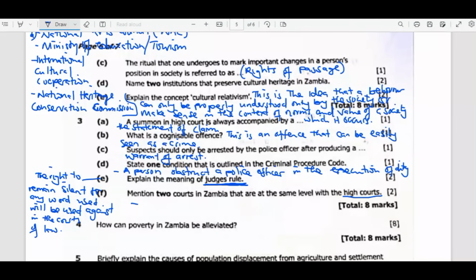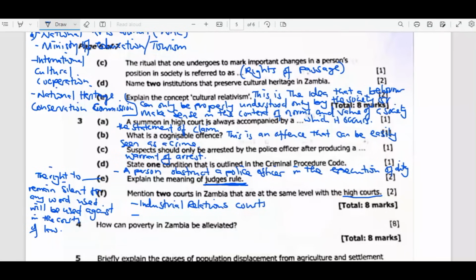So we can say industrial relations court. This court resolves conflict between a company and an individual, or a worker and the employer.